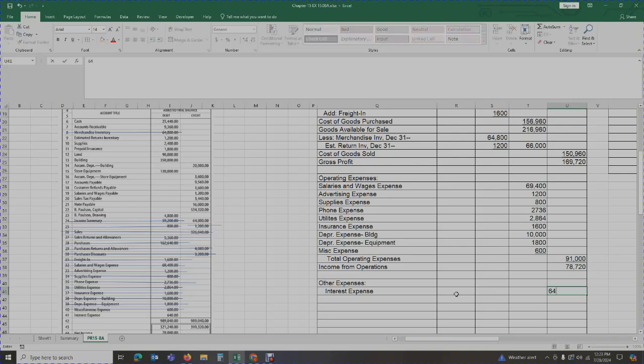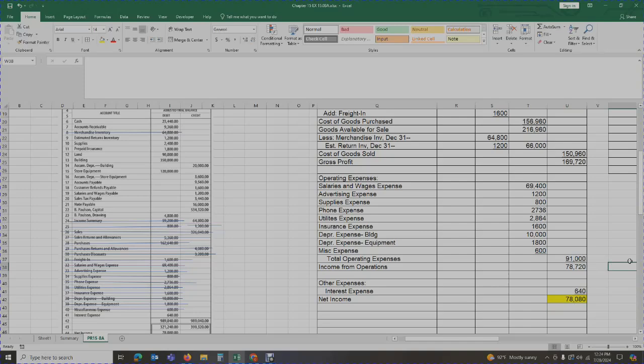Now we can calculate finally our net income. To calculate your net income, you're going to get your income from operations, which is $78,720, less your interest expense of $640, and that will give you a net income of $78,080.